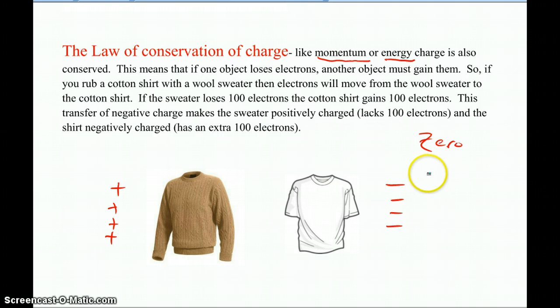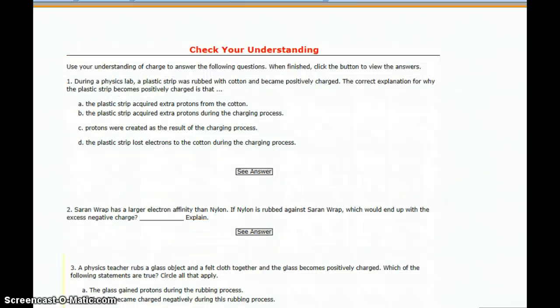Now the wool sweater is plus 4 and the cotton shirt is minus 4. Well, when you add those two together you get 0. So we haven't changed the total, we've just transferred it from one object to another. Okay, so keep that in mind whenever you're looking at charging something. You're not creating charge, you're moving it from one place to another.